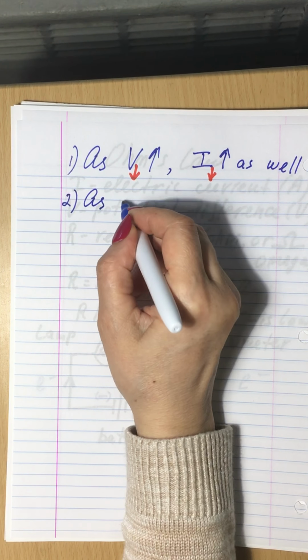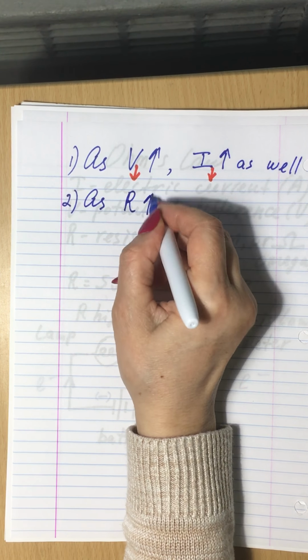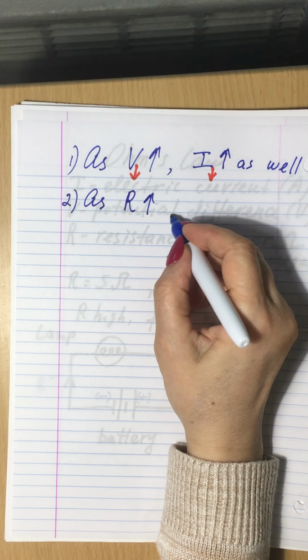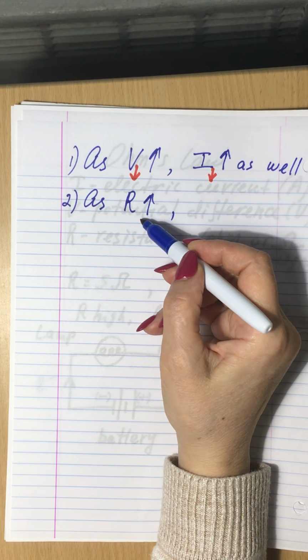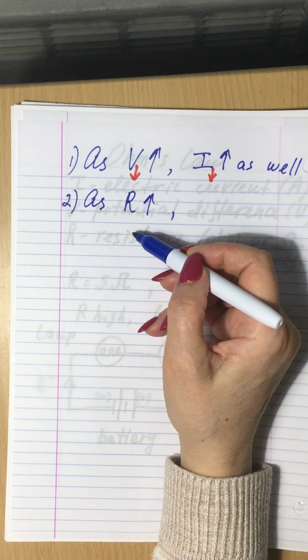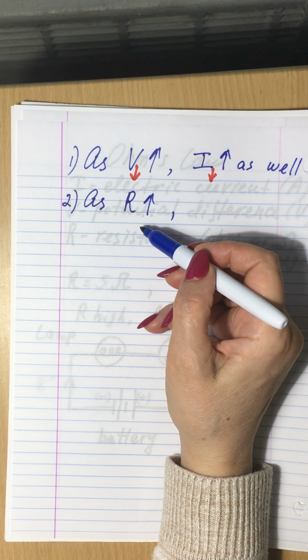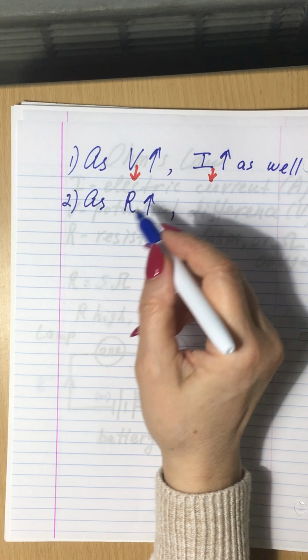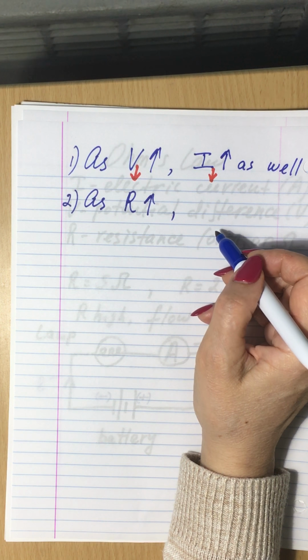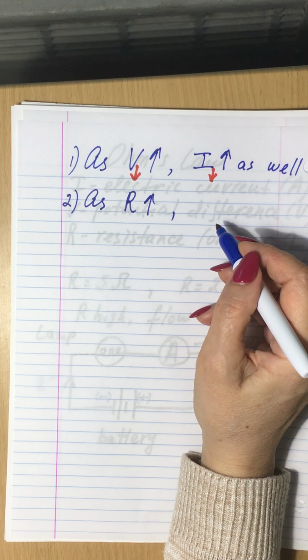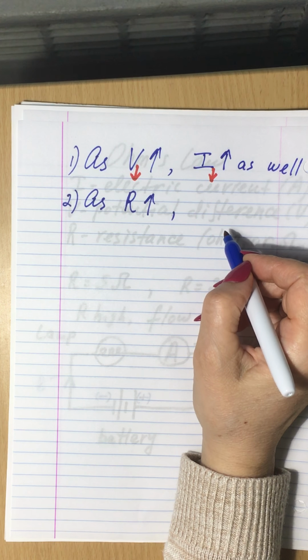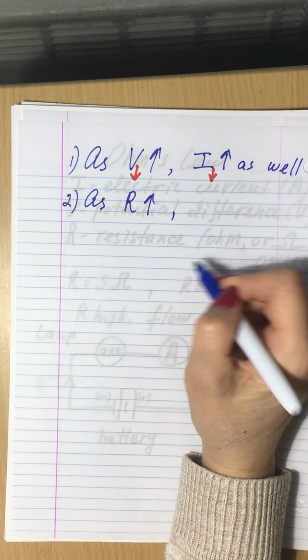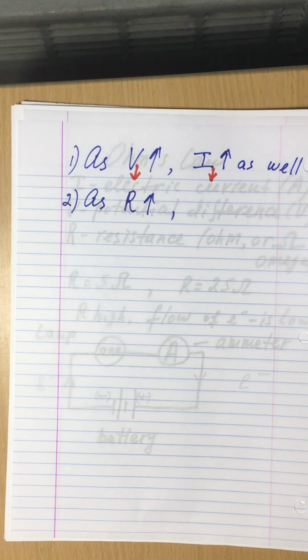So as resistance, for example, increases. Remember my examples? Resistance can be 5 ohm, 25 ohm, 50, 100. So as resistance increases, that means it becomes more difficult for electrons to flow through this resistance.